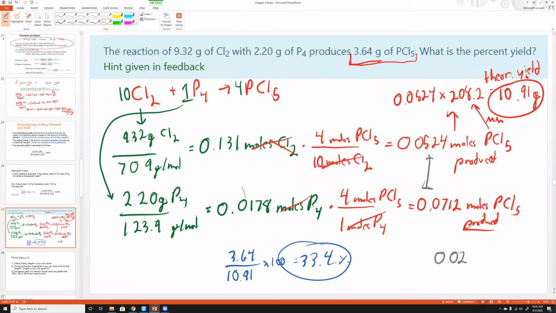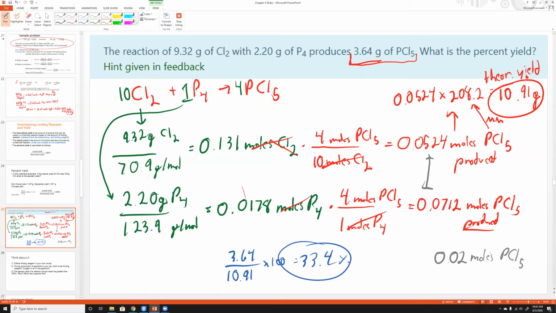If you subtract the excess from the limiting, that means there's going to be 0.02 moles of PCl5 that is not going to be produced, and it's not accounted for, and the amount of reactant responsible for that is going to be some amount of P4.